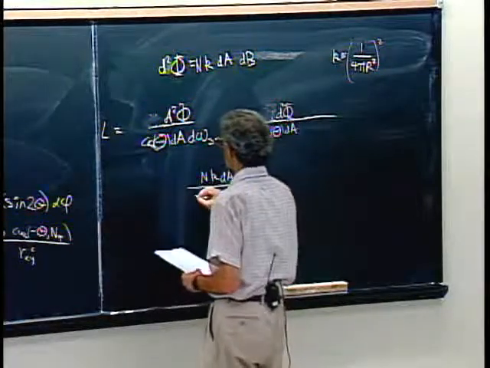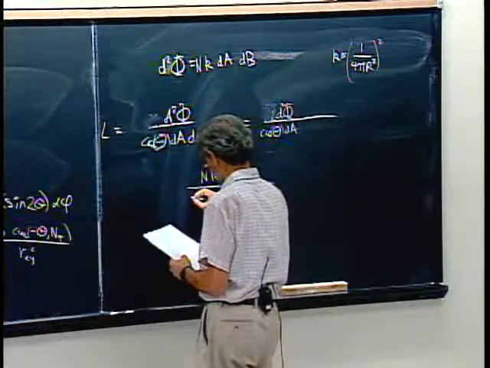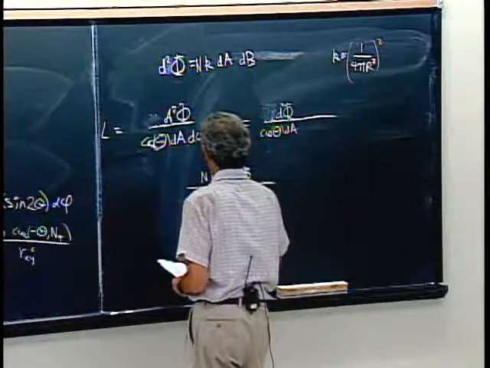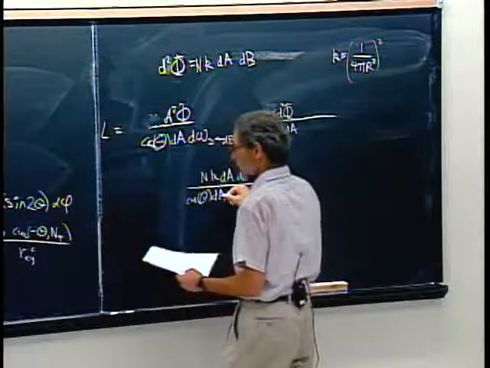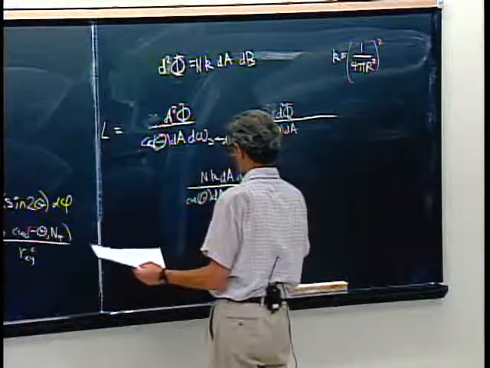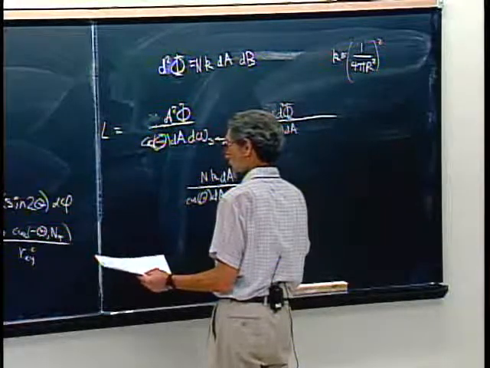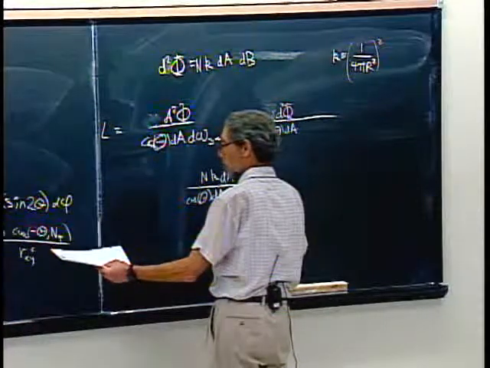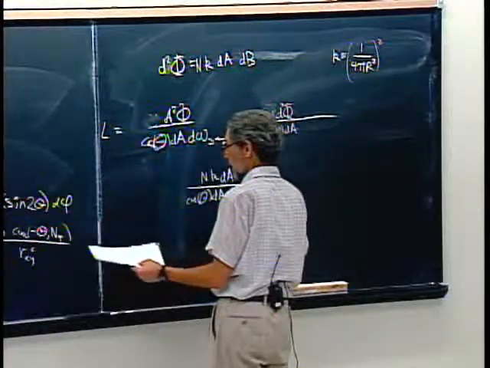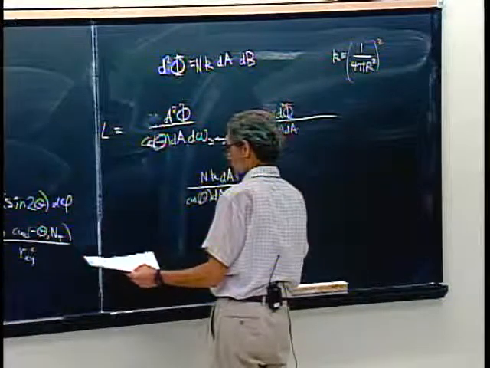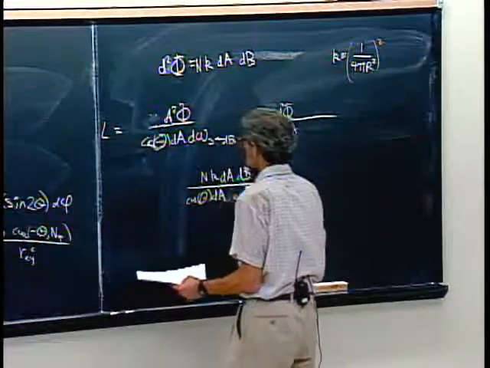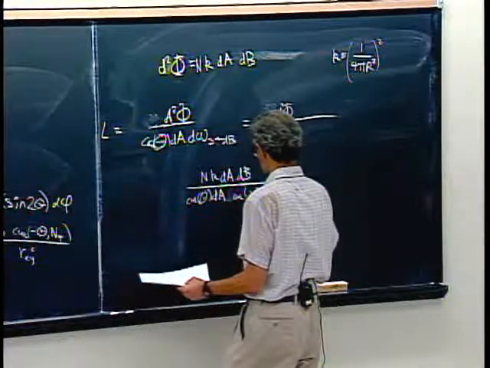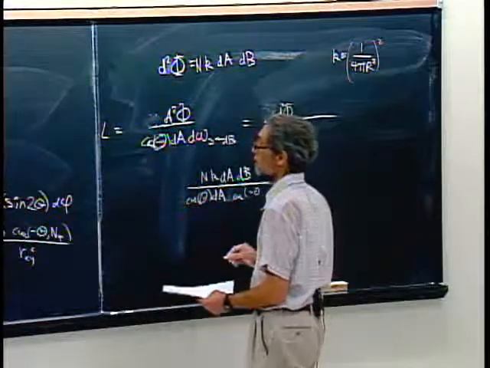and in the denominator I have cosine theta dA, and I have this one is going to be cosine minus, well, let me think.